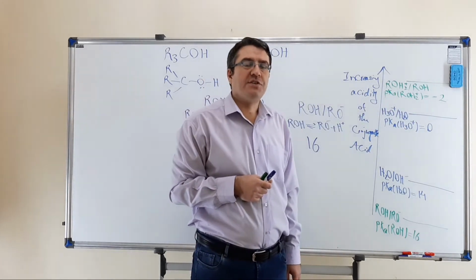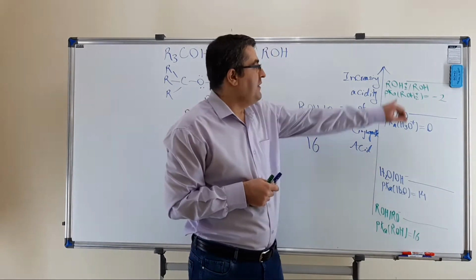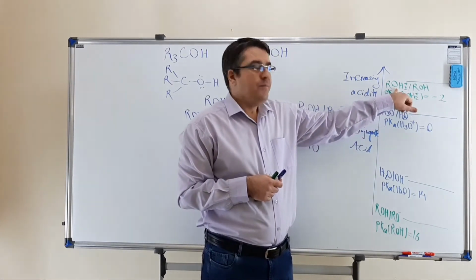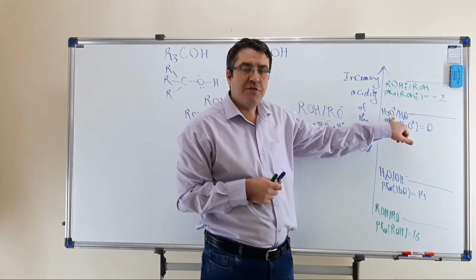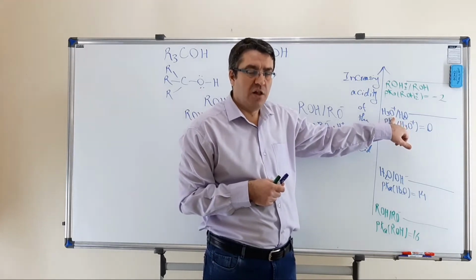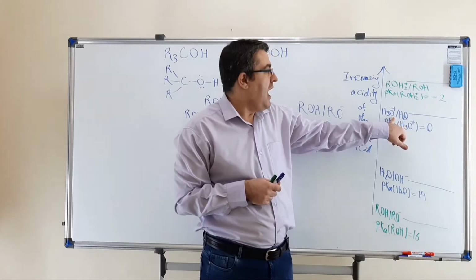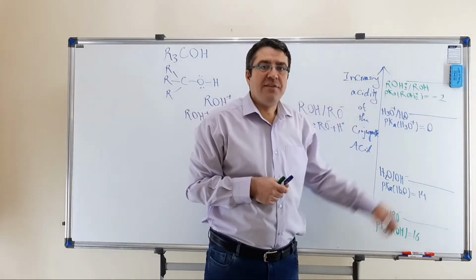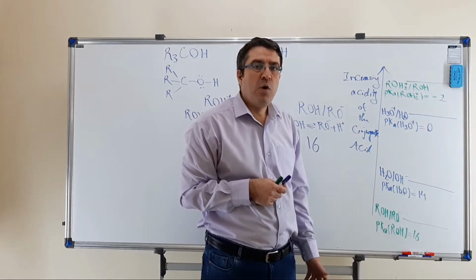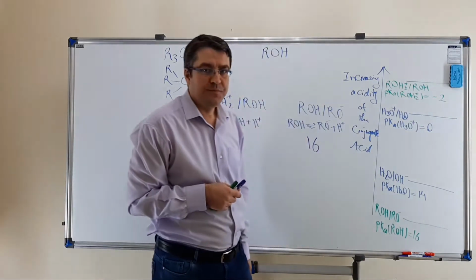Based on our discussion about the leveling effect of protic solvents, here we can say that alkyloxonium cations are strong acids in aqueous solutions. They will be leveled with the conjugate acid of the solvent. Their dissociation reaction will be complete, and therefore we can neglect basic behavior or protonation of alcohols in aqueous solutions.